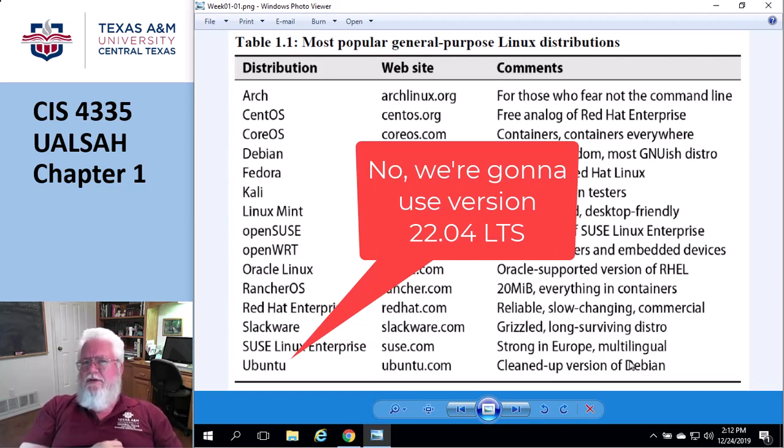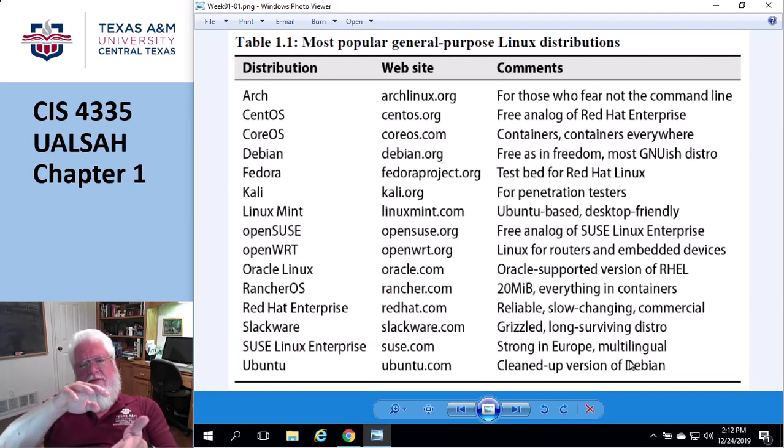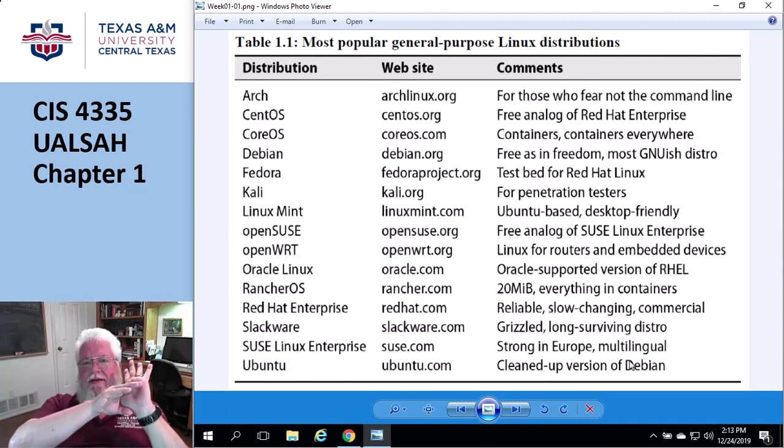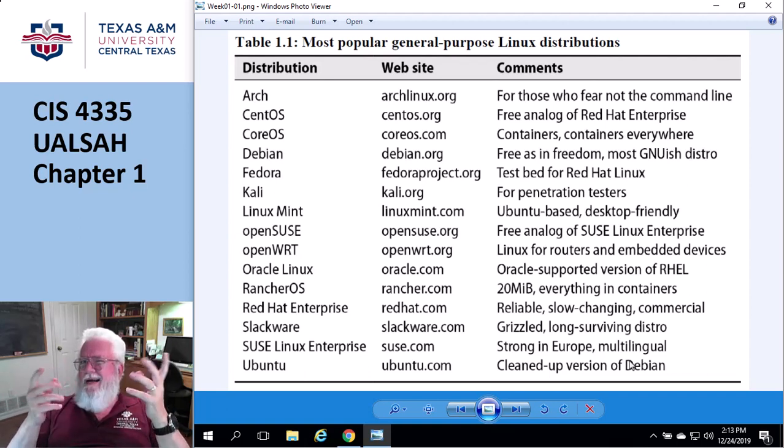LTS stands for long-term service, which means instead of having the Linux distribution change very, very rapidly with new things coming and going, these things are like annual setups. So there'll probably be another one in a couple of years that'll replace the LTS one. The LTS one is designed to be stable, very slow moving, with only patches that are security related, not big changes. So the LTS versions are almost always a year or so behind, but that's not really a big deal.